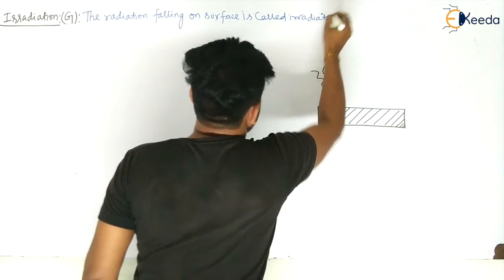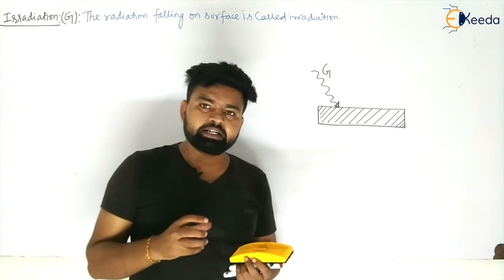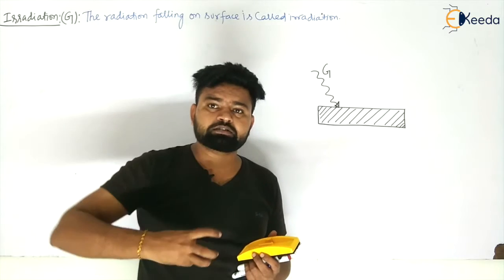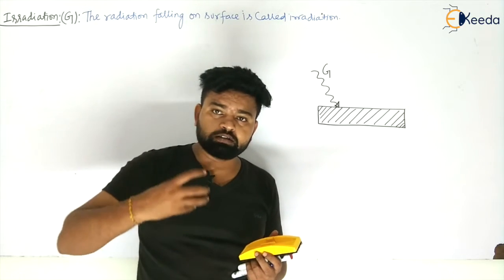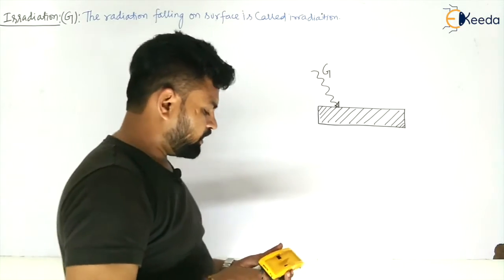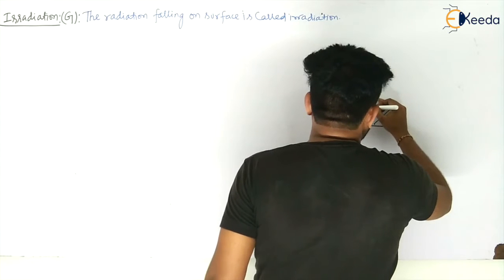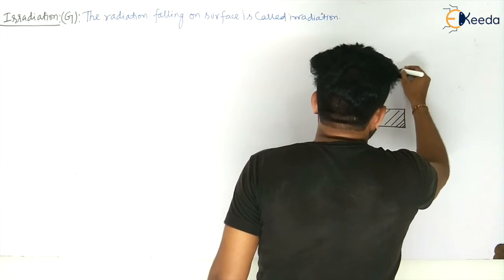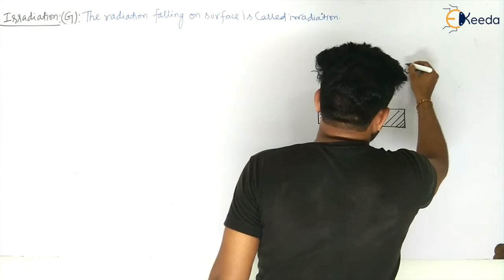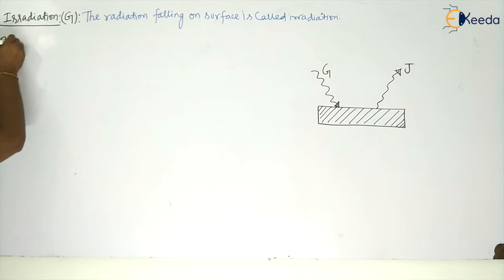Now some radiation is falling on the body, and some is emitted or reflected by the body. So the radiation leaving the surface is represented by J, and that is called radiosity, my dear students.